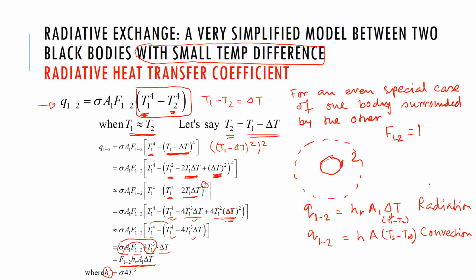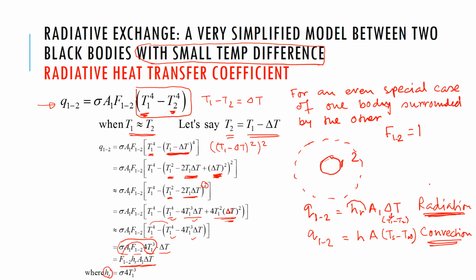So what do you see? You see that our radiation formula looks a lot like the convection formula. Remember, this is for a very, very special case of radiation, but nevertheless, for this special case, it looks very much like the convection formula.